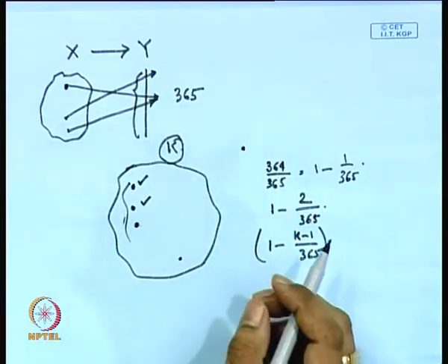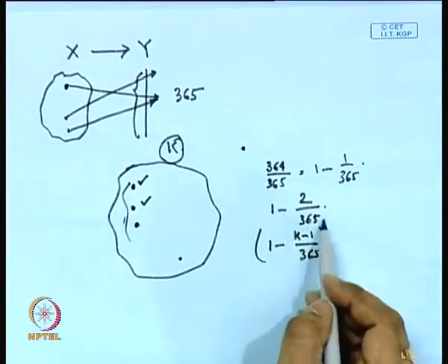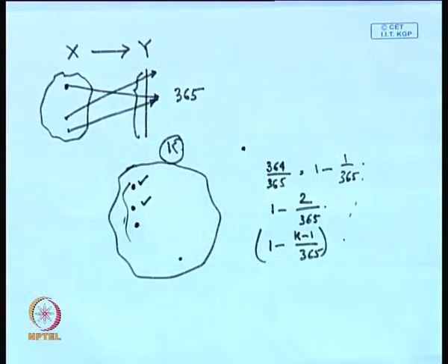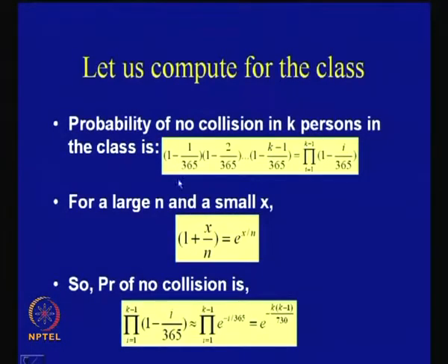All of these are independent events, so the probability of no collision among these k persons is the product: 1 minus 1 by 365, times 1 minus 2 by 365, up to 1 minus (k minus 1) by 365.